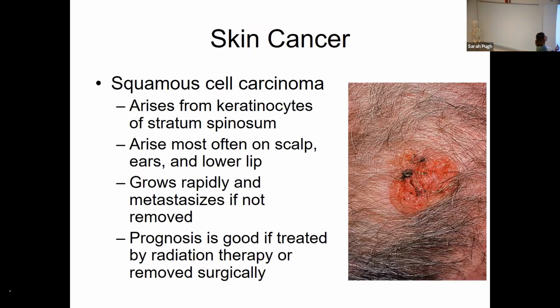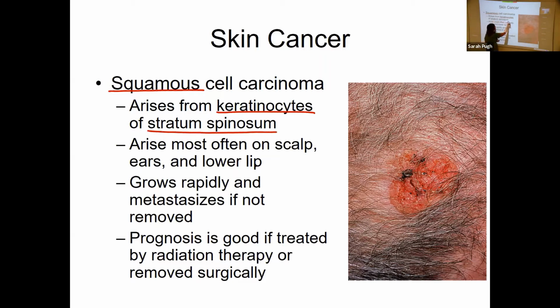Squamous cell carcinoma is a type of cancer that comes from the keratinocytes. So remember, keratinocytes produce keratin. These are the ones that are found in that epidermis, typically coming from the stratum spinosum. These arise most often in places where you get the most UV rays. So your scalp, tops of your ears, your nose, your bottom lip.